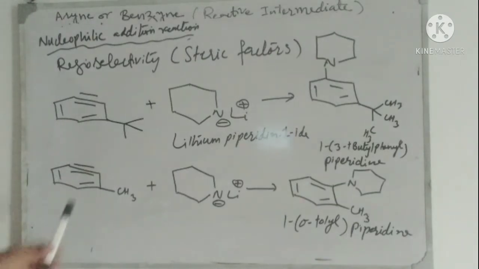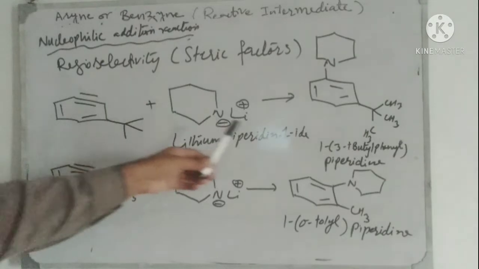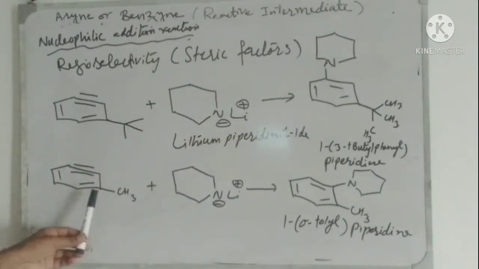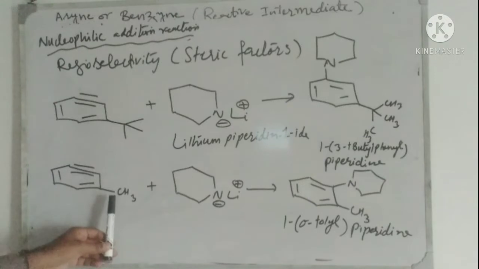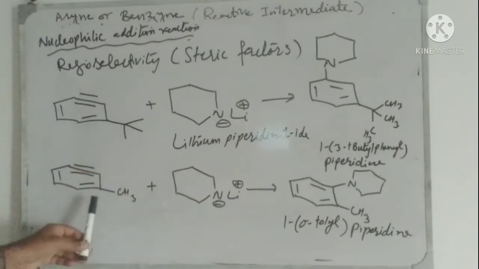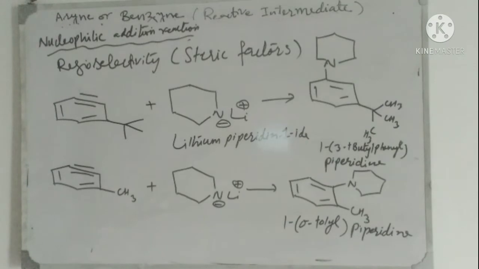This tertiary butyl is a bulky group, so due to the size of the group, the meta substituted product is formed. But when this tertiary butyl group is changed to a methyl group, which is less bulky, the size of methyl is less as compared to the tertiary butyl group, so we get the ortho substituted product here. So these steric factors control how the products are formed.